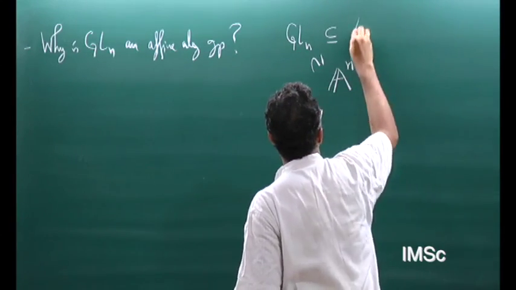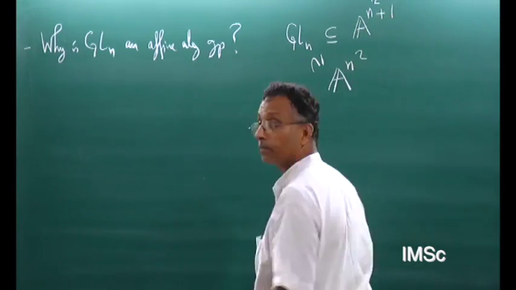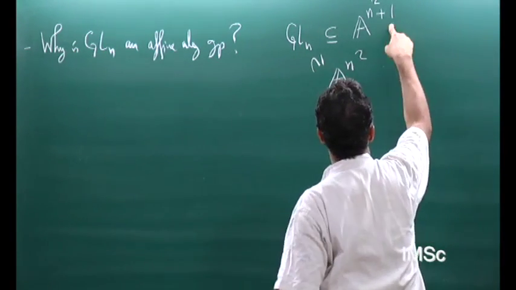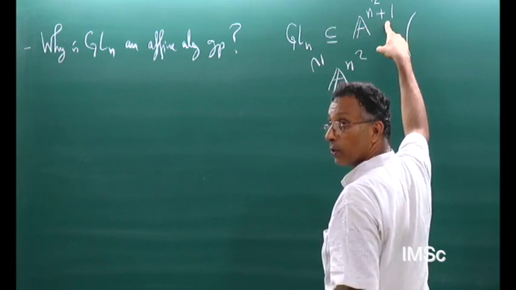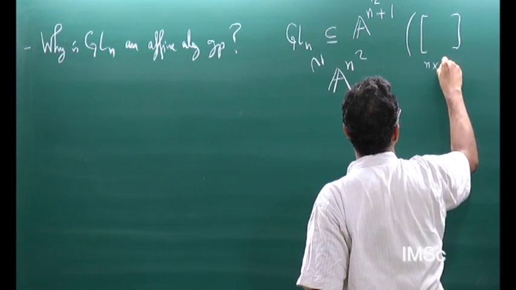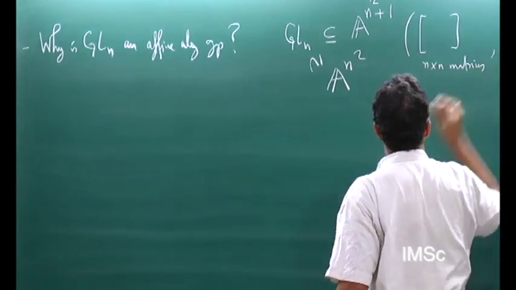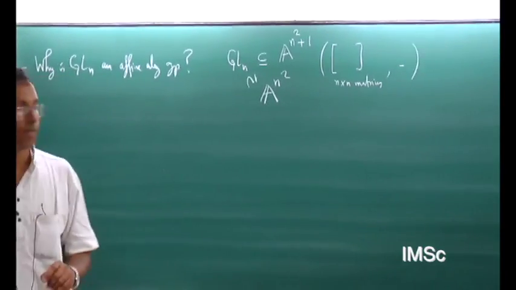But I can think of it sitting inside A^(n square plus 1). And in here, let me think of these elements as n cross n matrices and times some one more variable, okay?